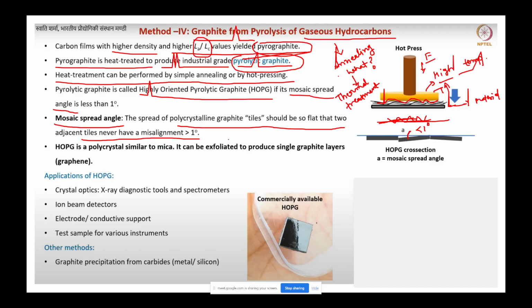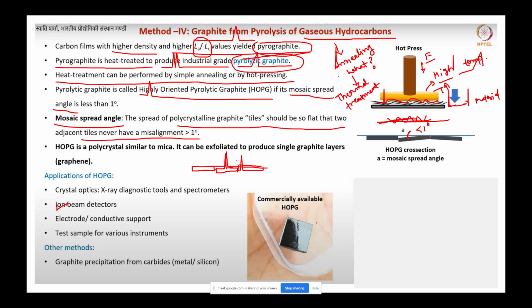Suppose these are the tiles of your pyrolytic graphite. Suppose this is one tile, and there will be another tile, and suppose there will be another one more.